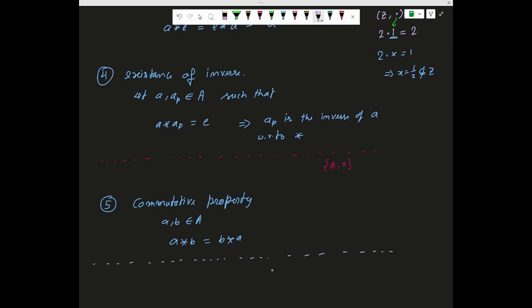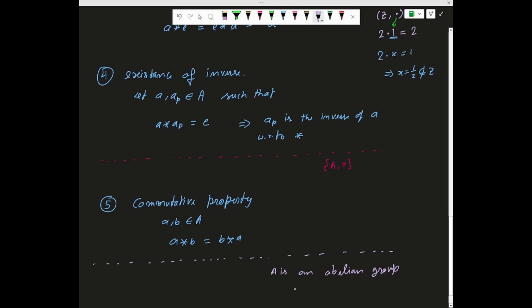So A is an abelian group, definitely with respect to star. Okay, so this is going to form an abelian group now.